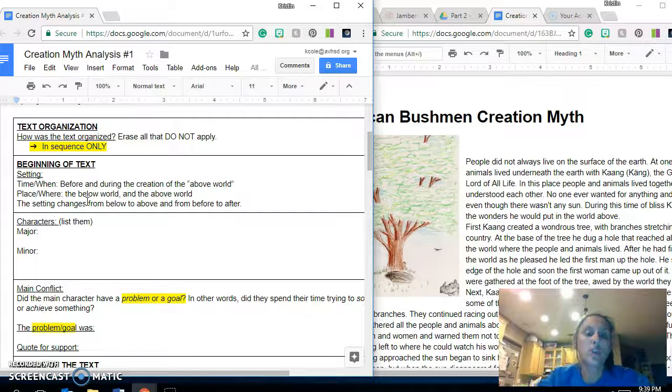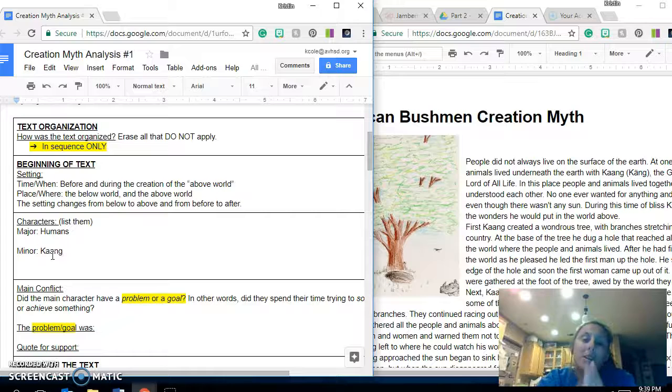All right, so major characters. I think the major character is the humans, and the more minor character is the god, right, Kang. And right now you might be thinking, well, but wait, he created everything and he gave them the rules and all of that, so why isn't he a major character?